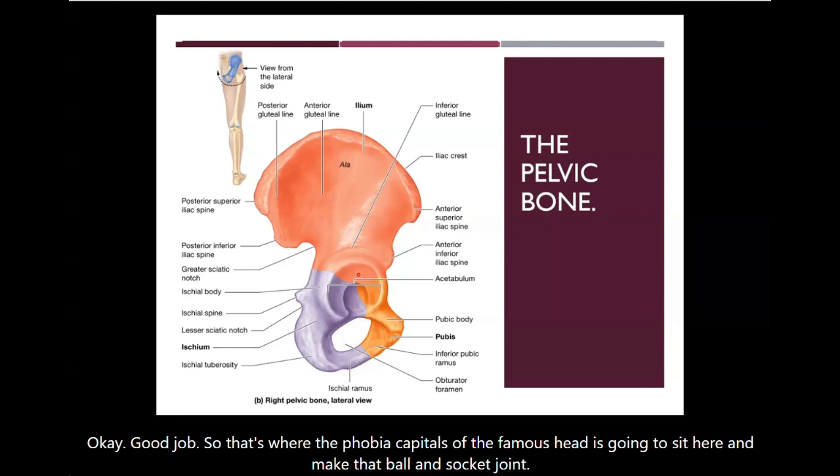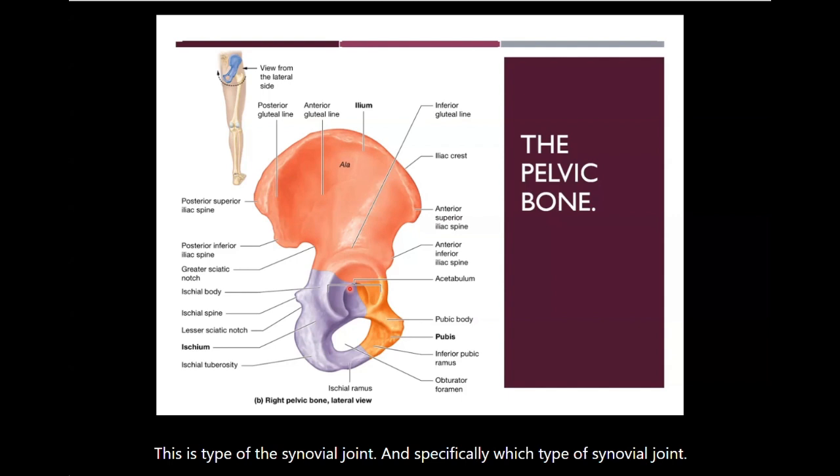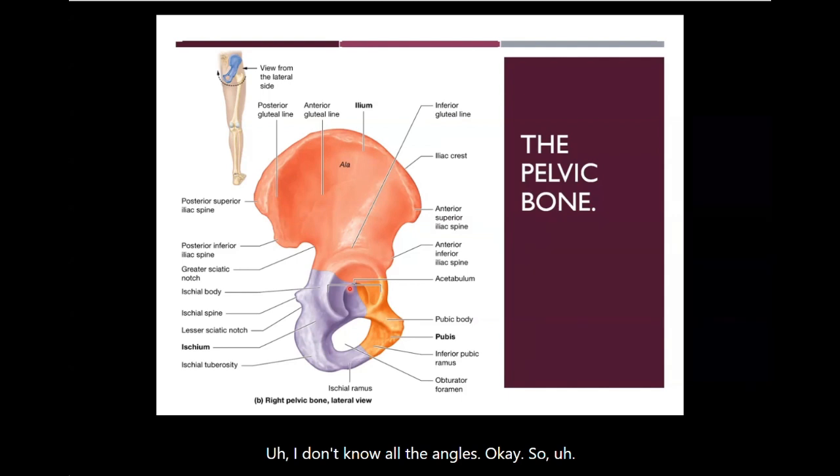So that's where the head of the femur is going to sit and make that ball and socket joint, okay? And this is very similar to the glenoid cavity where the humerus sits on hyaline cartilage. This is a type of synovial joint, and specifically which type? It's the ball and socket, okay? Those two are the ones that can move in all angles, okay?